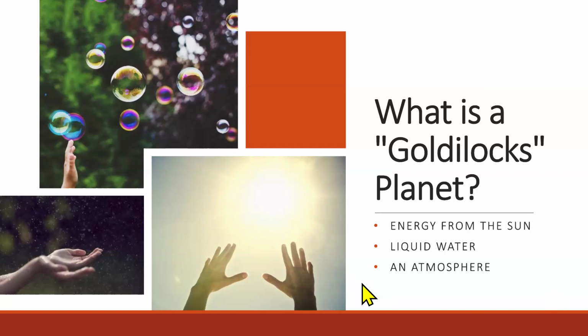All right, so we sometimes call a planet that has these things a Goldilocks planet because in the story of Goldilocks and the Three Bears, she was able to find things in the bear's house that were just right for her. So a Goldilocks planet is just right for life.